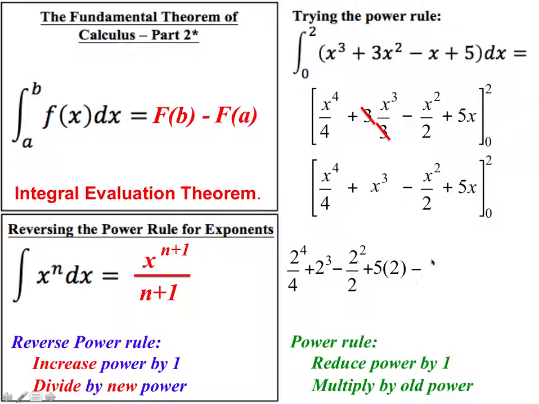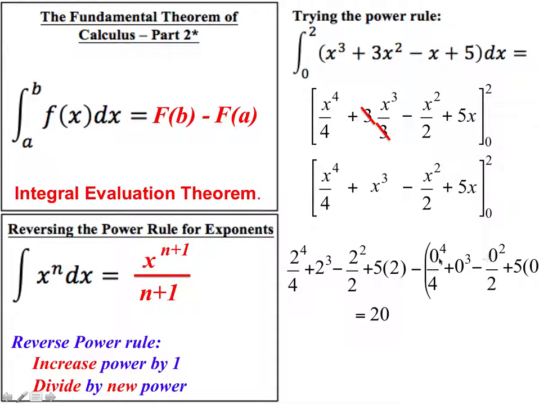Then I'm going to subtract, and plug in 0 everywhere. When I plug in 0, every term ends up being 0, but I'd like to plug it in just to show you. So the whole expression on the right is going to be 0, and the left is going to equal 20. 2 to the 4th is 16, divided by 4 is 4, plus 8, so those two make 12.